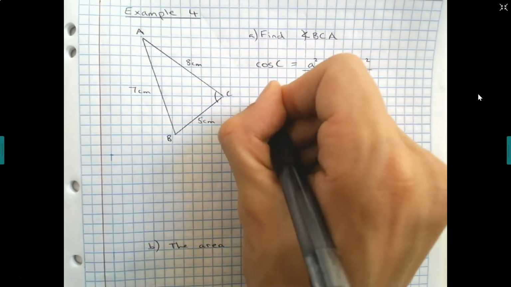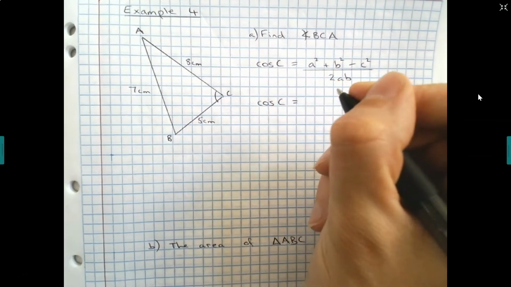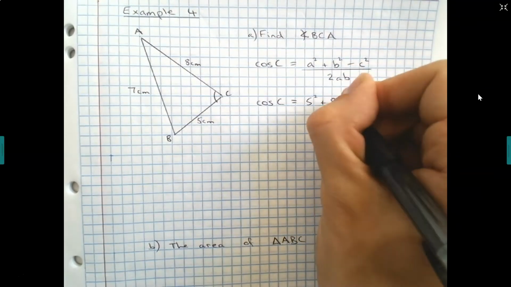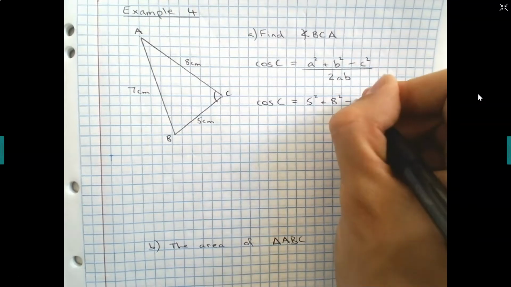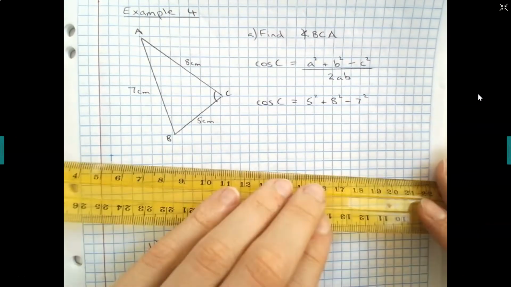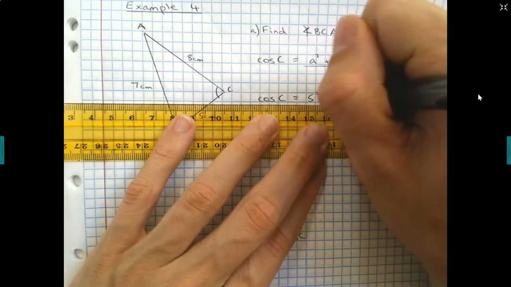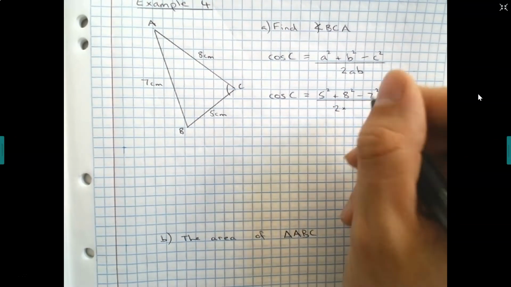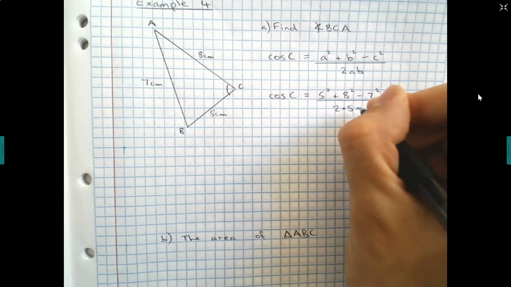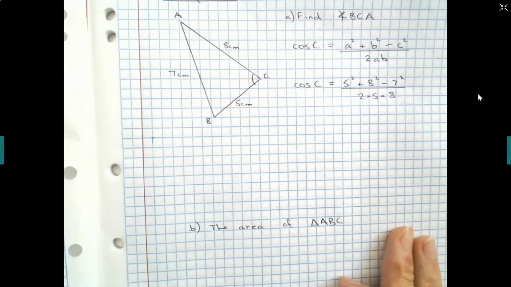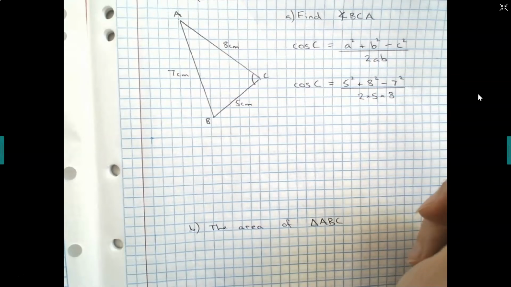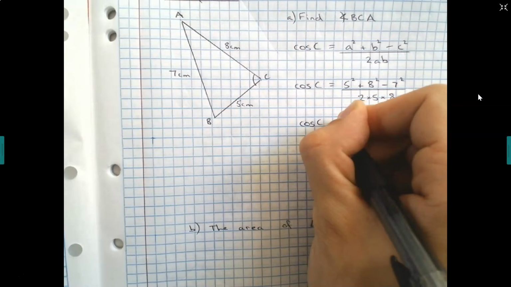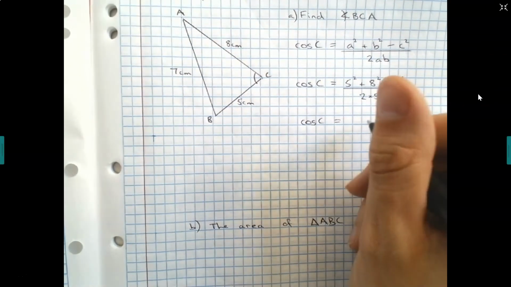So we know that cos of C will be equal to 5 squared plus 8 squared minus 7 squared over 2 times a times b. You would put this into your calculator, and it turns out that this equates to 1/2.